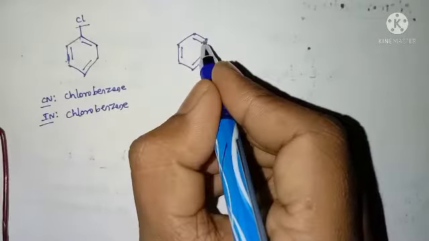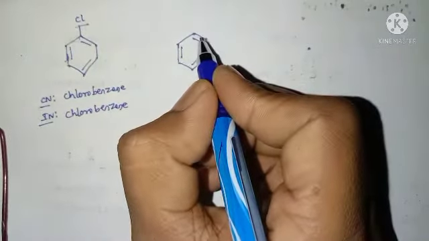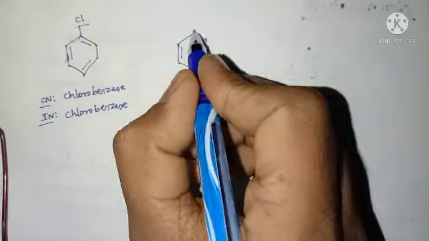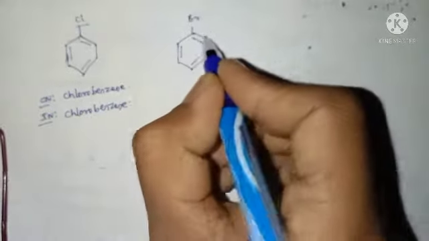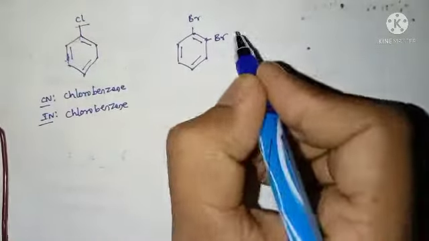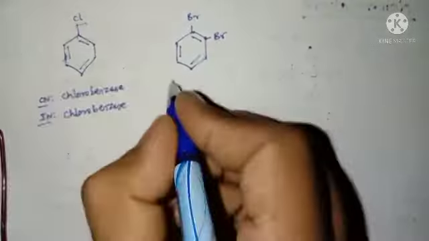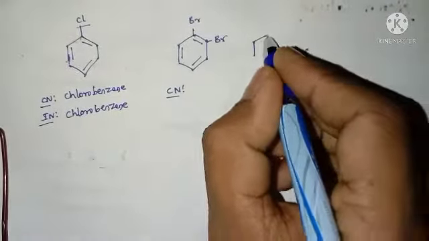name these compounds. Here two bromine atoms are attached to the benzene ring, and in the common name we have to use prefixes. I will explain.